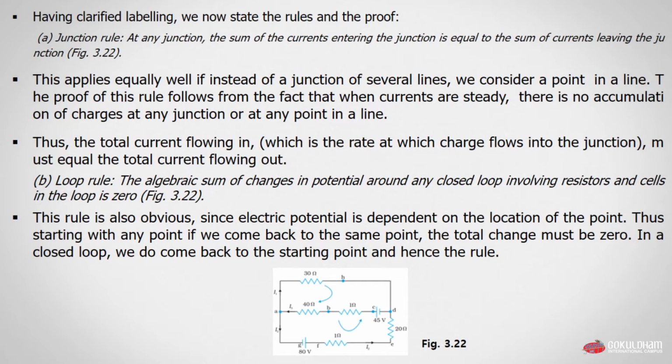In a closed loop, we do come back to the starting point, and hence this rule holds. You can see figure 3.22 where we have given loops in the circuit. So the loop rule can be clarified from this circuit: when we start from one point, we come back to the same point, and hence the total change should be 0.